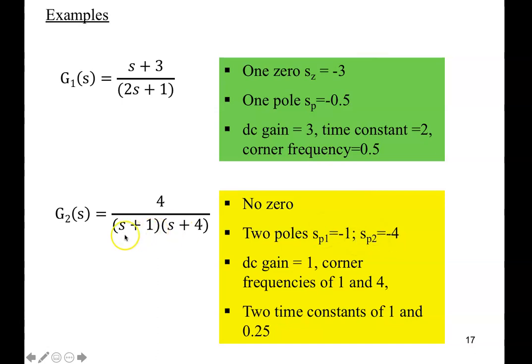DC gain is also easy to find. Equate s to 0, 4 divided by 4, that's DC gain. I can also find the time constants, because now these are actually expressed as 2 first order systems, and I can find the corner frequencies accordingly.